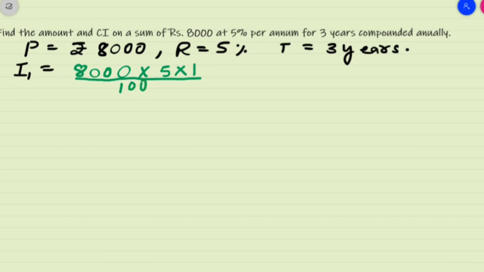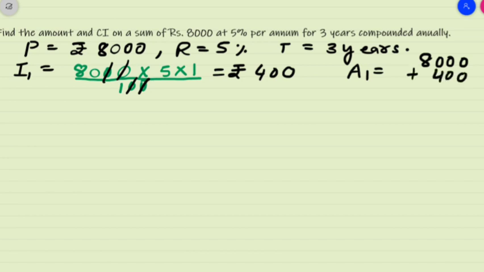Now when you cancel two zeros, you can directly calculate 8 into 5, 40. So your answer here is rupees 400. So after the first year his interest will be 400 and the amount he will earn after the first year will be 8,000 plus 400, that will be equal to 8,400. So after the first year the amount which he is going to get is rupees 8,400.